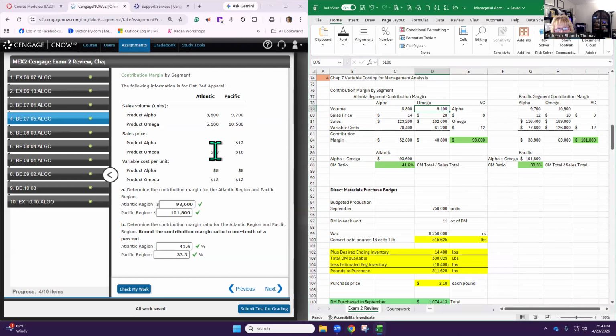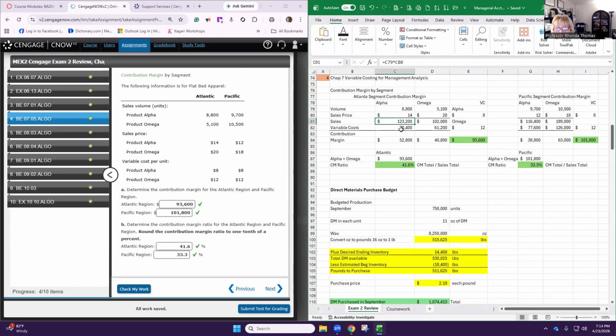I need a sales price for those. Okay, sales price is 14 and 20. So I put 14 and 20, and there is my sales. So you take the sales price times the volume. Then you have variable costs.